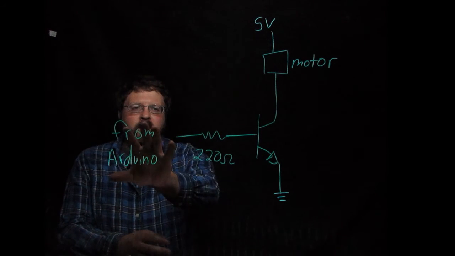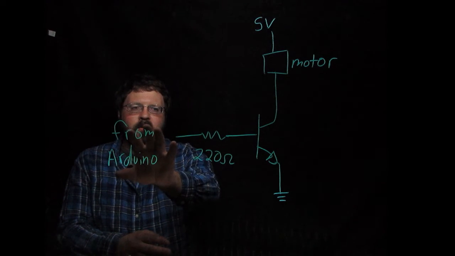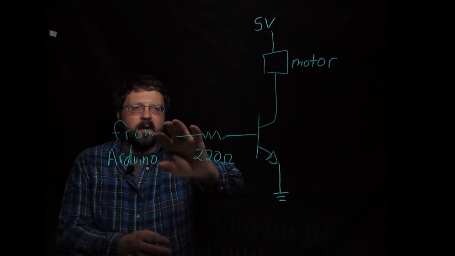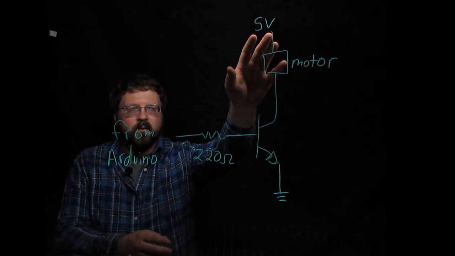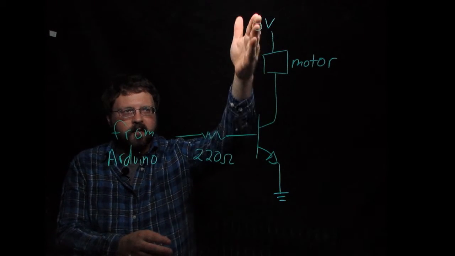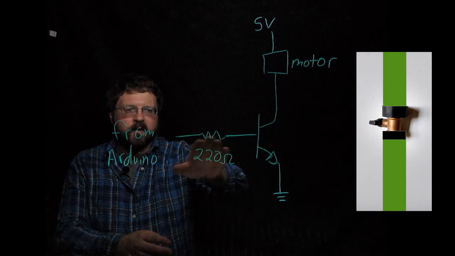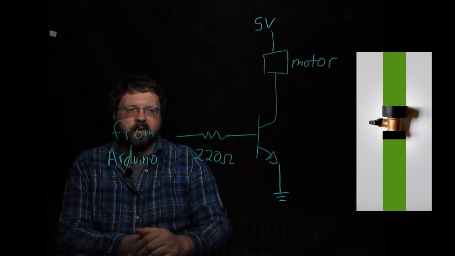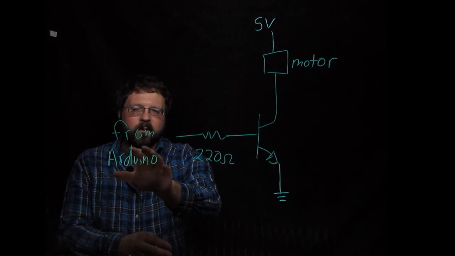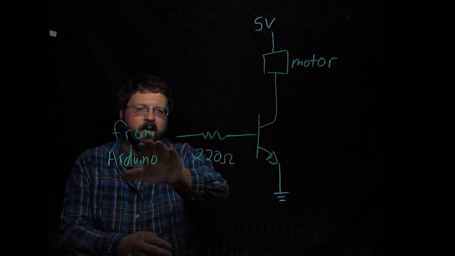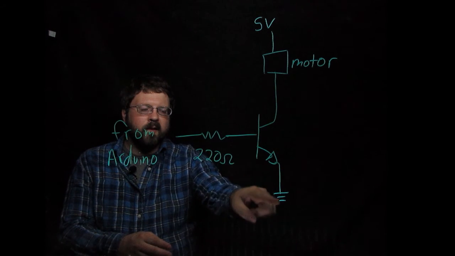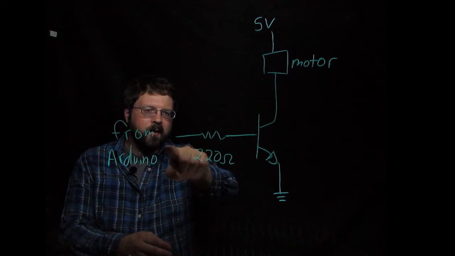So let's talk about what happens here. When the Arduino signal is 0 volts, no current is going to flow into the base, and so the valve is off, and so no current flows from 5 volts to 0. Think of it like the garden hose: the valve will be off when this is at 0. When we turn the Arduino channel high, there's 5 volts here. There is a current that can flow in through the base and then through the emitter back to ground.